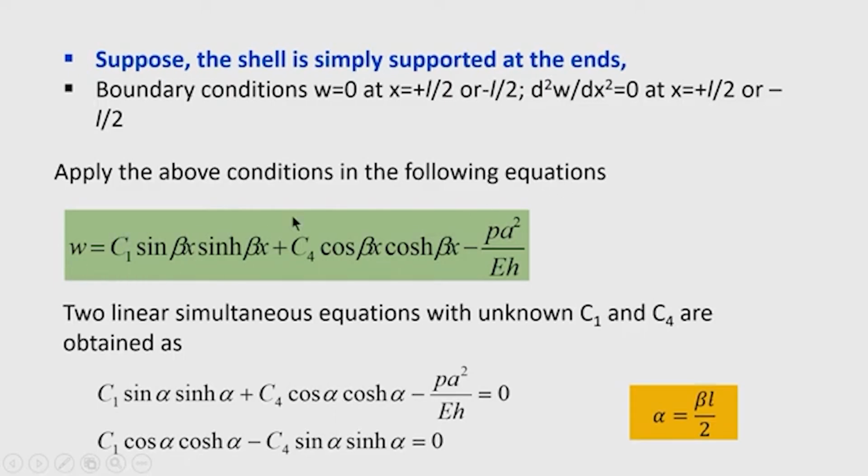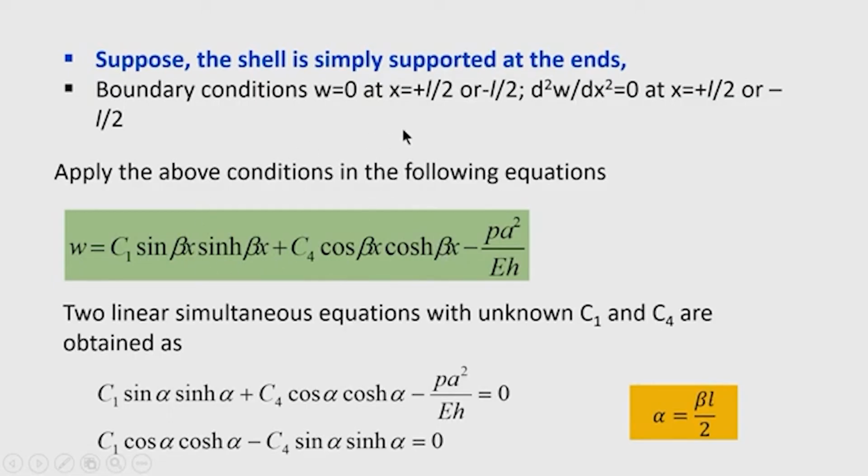The following equation contains two constants of integration, that is C 1 and C 4. Now, the solution will contain a combination of trigonometrical functions as well as hyperbolic functions. So, sin beta x, sin hyperbolic beta x and cos beta x, cos hyperbolic beta x. So, first substitute the deflection condition at x is equal to L by 2.